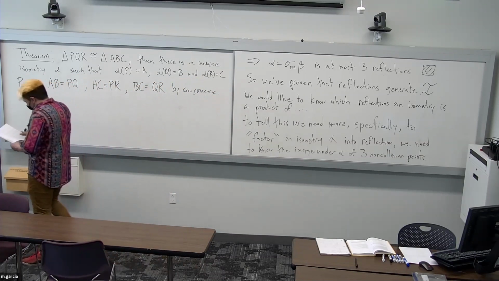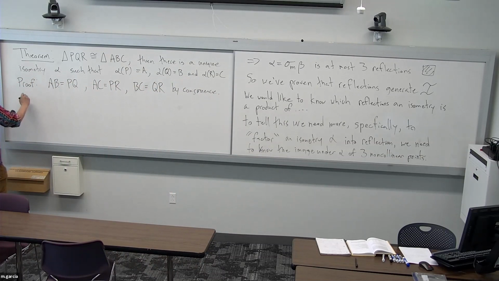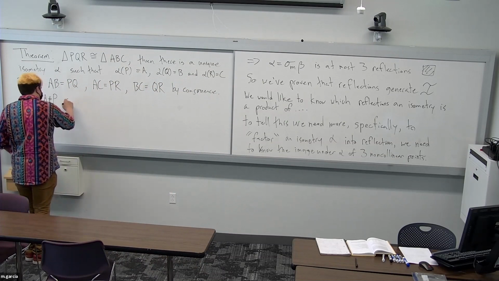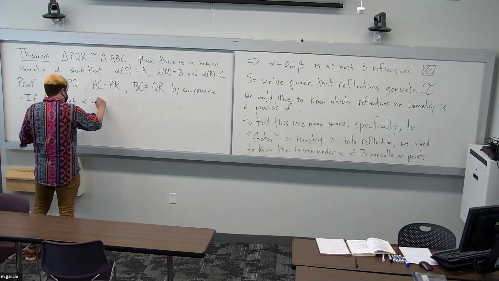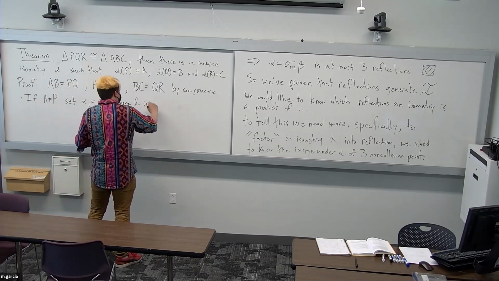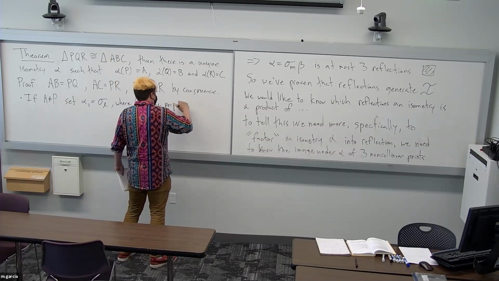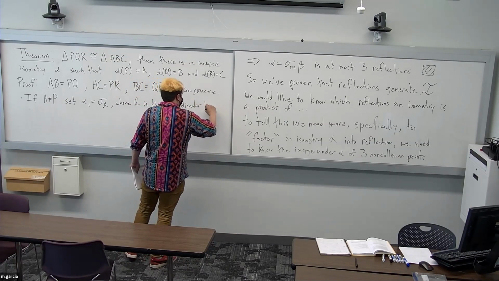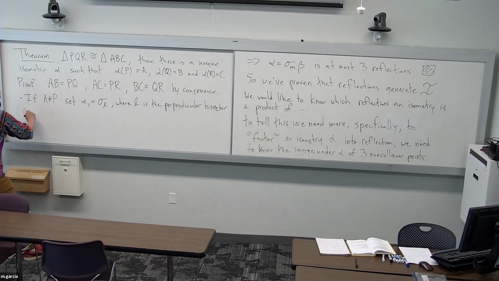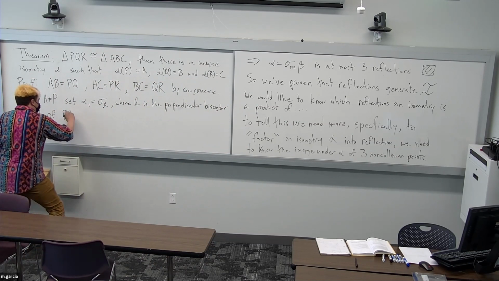Okay, so first, if A is not equal to P, set alpha 1 equal to sigma sub L, where L is the perpendicular bisector, we'll call that PB because I'm going to say that phrase a bunch, of the line segment PA.